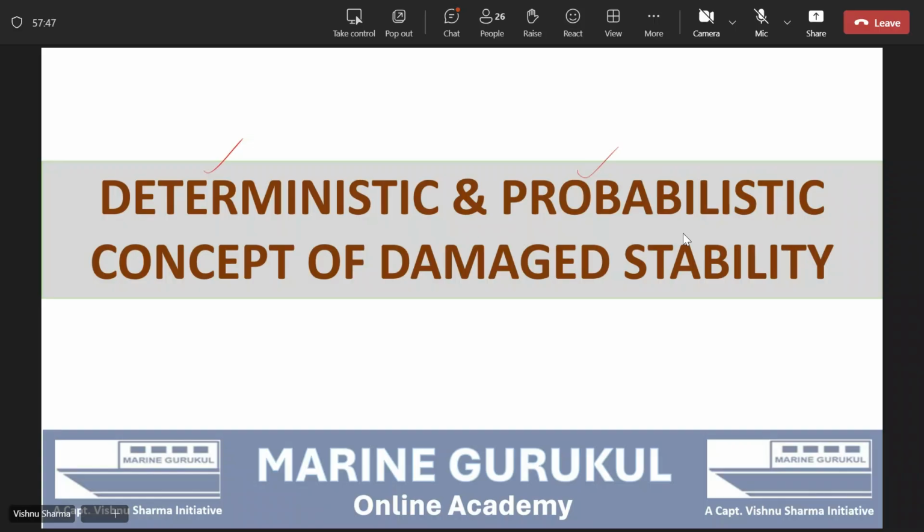So what happens is that these conventions came at different times and they have slightly different requirements. So what has SOLAS done? Though SOLAS chapter 2.1 was amended, you can't expect everybody to suddenly start doing that. So what SOLAS has said is that any ship which is already following the damage stability criteria under any of the existing IMO instruments, that means under IMO conventions, can continue doing so.